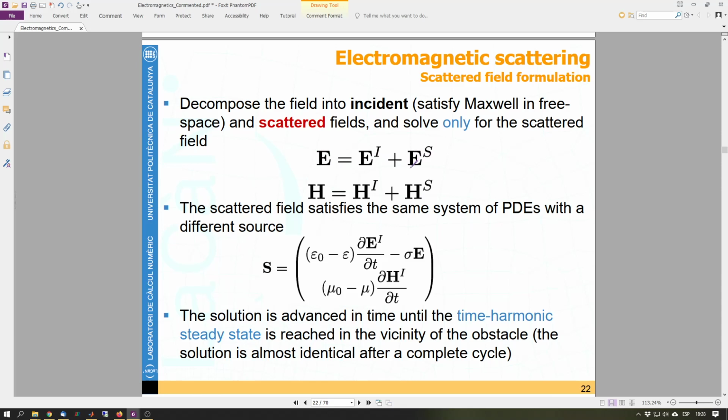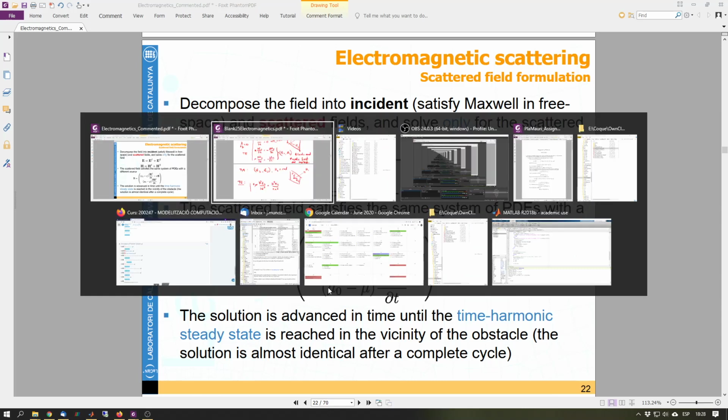Okay? So we know that the incident wave is a solution of Maxwell's equations in void because it's coming, let's assume, from infinity, but where our object and obstacle has a different material property, like this one. So we know that E and H should solve our Maxwell equations, and the incident wave should also solve Maxwell equations in the empty space, with these epsilon sub 0 properties.